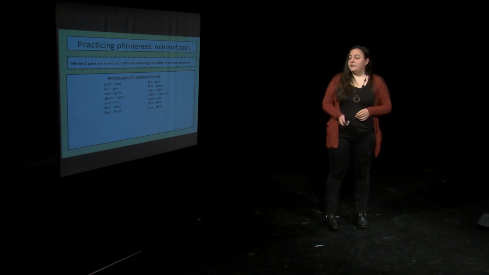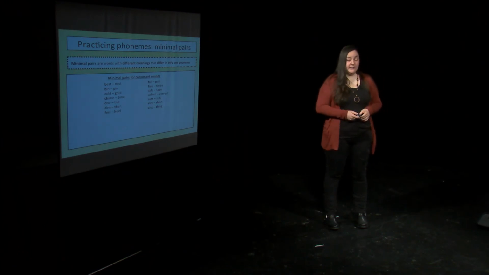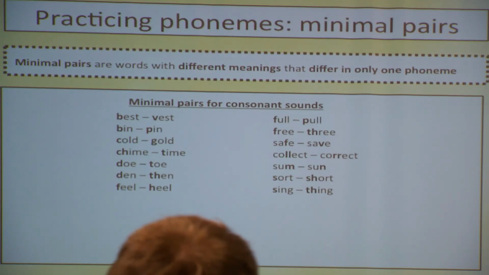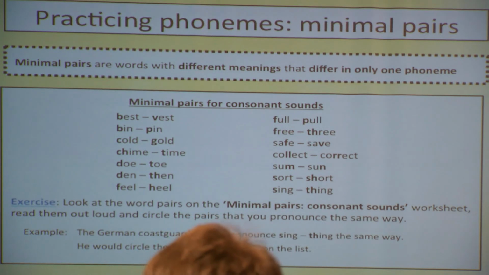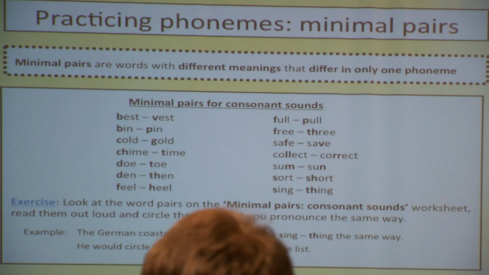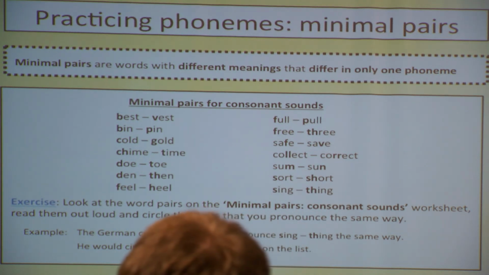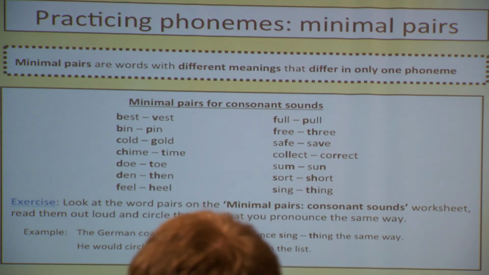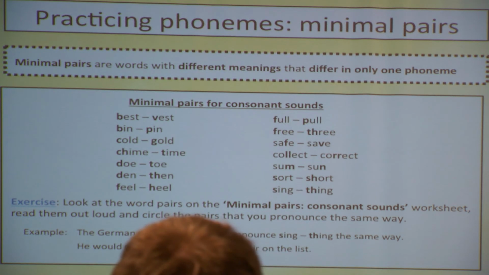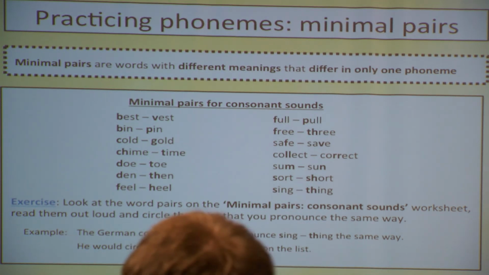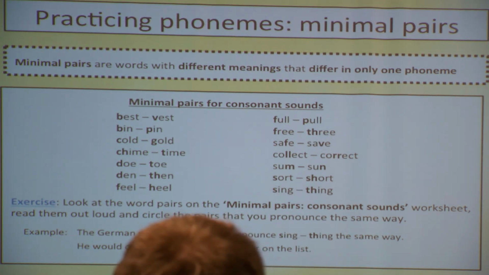So as an example, if you look at the last example in the second column, sing and thing, the German Coast Guard, from the sound that we heard, would pronounce it the same way. So he will circle that minimal pair to signify that these sounds are the same for him, okay? And these are the sounds that he will have to pay attention to.